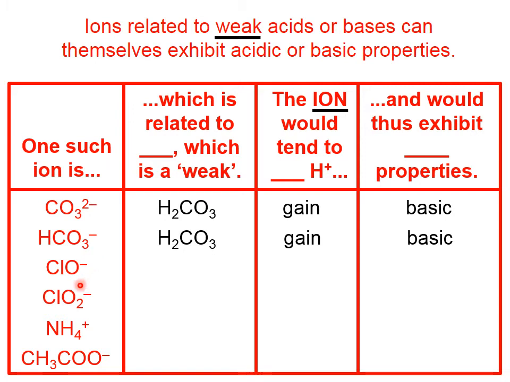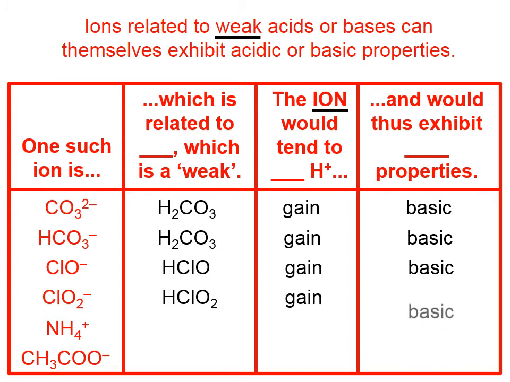This is called the hypochlorite ion, and it's related to hypochlorous acid. The ion, ClO minus, would tend to gain protons, acting like a base. How about the next one? ClO2 minus, that's the chlorite ion, which is related to chlorous acid, and that ion would also tend to gain protons, acting like a base.